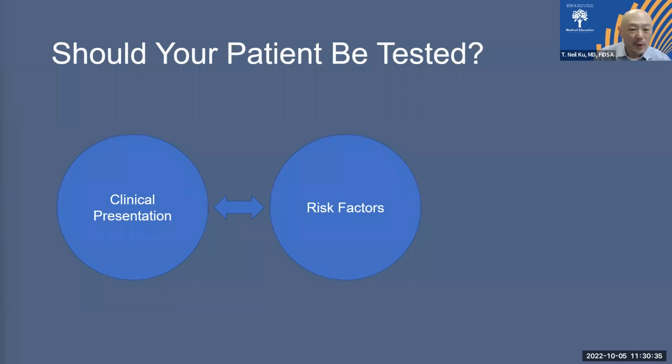If a clinician is considering a urinary tract infection, are there other factors in addition to the clinical presentation that could increase the probability? That is what we try to get clinicians to consider. Are there other things that could explain the clinical presentation?